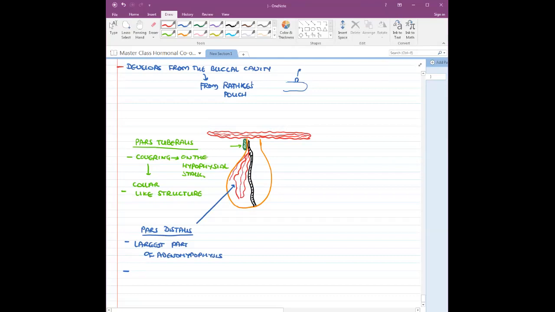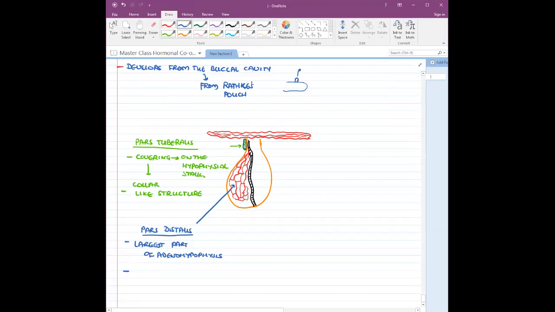In between these there are going to be spaces which are filled with blood, so they are separated by blood sinusoids. I will explain once again what exactly is happening: you are going to see a network of blood capillaries, all of this happening here.